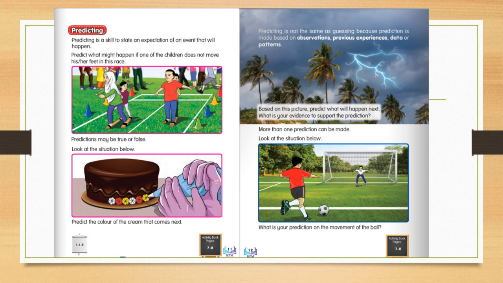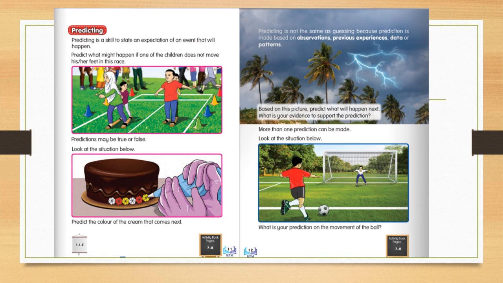The first one starts with the white color, and then red, yellow, and again white, red, yellow. So what comes next? Predicting is not the same as guessing because prediction is made based on observations, previous experiences, data, or patterns.